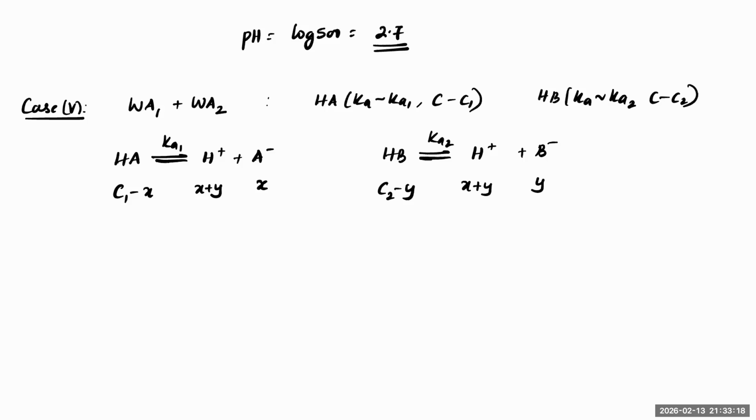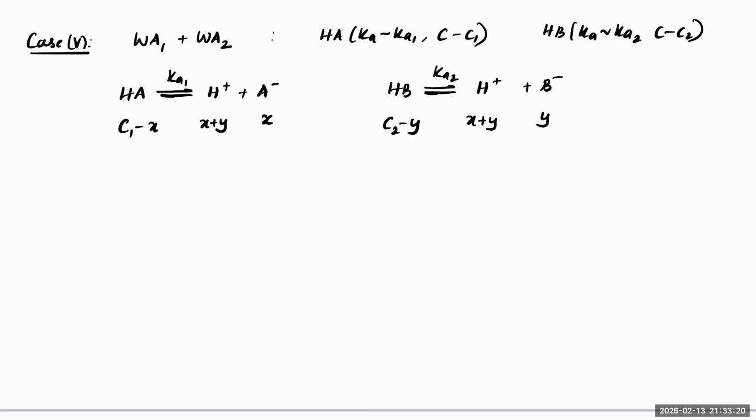Now using this finding of Ka1 and Ka2, we can write H plus concentration, which is equal to X plus Y, is equal to under root of Ka1 C1 plus Ka2 C2 directly. So please make sure that you directly use this as a formula. Got it?